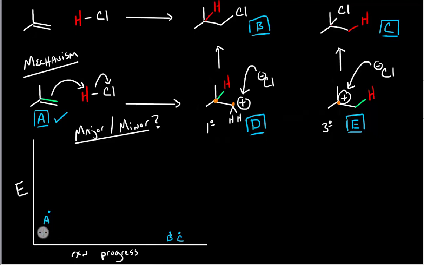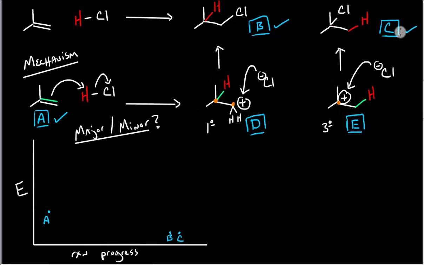Now we're going to talk about D and E. The energy differences in D and E are going to be way different than the energy differences between A and B and C. The main reason for this is that A, B, and C are neutral. D and E are charged. And in general, the rule of thumb is that if you compare a charged species to a neutral species, neutral species are going to be way more stable than charged.